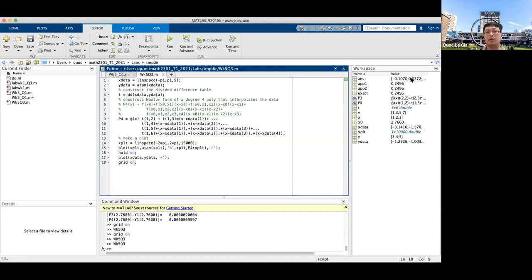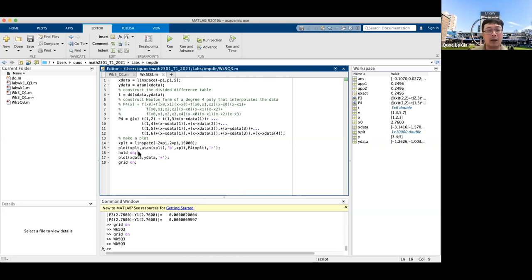There's a question: what does hold on mean? It means you don't want to erase the plot, you don't want to close the plot, but you want to plot another plot on top of it.